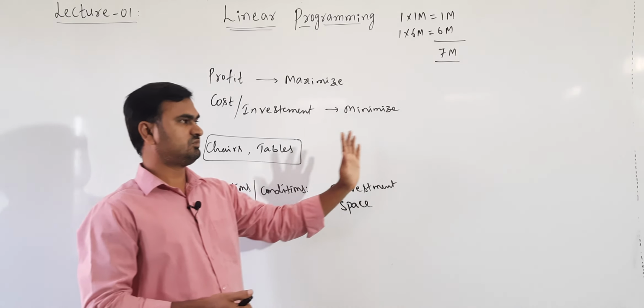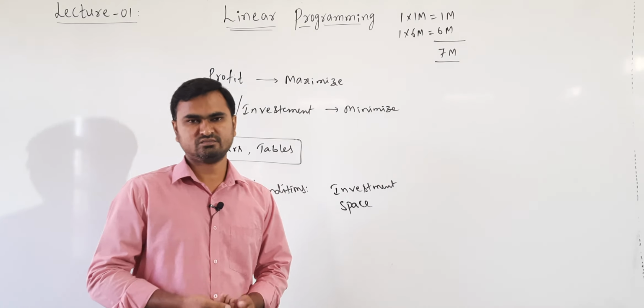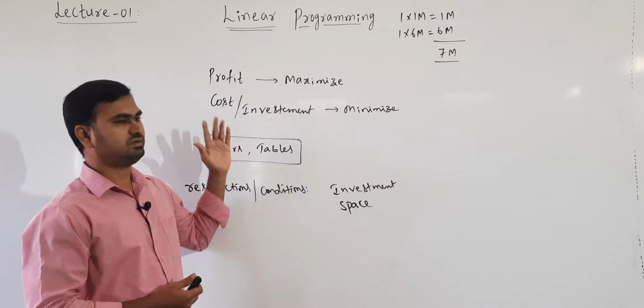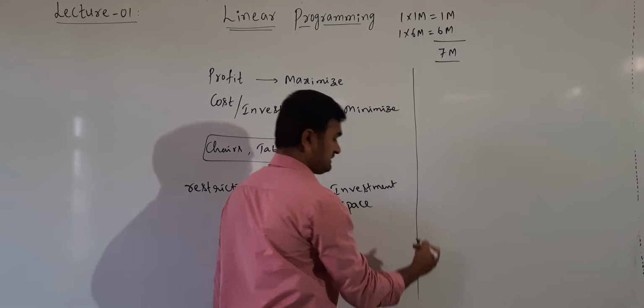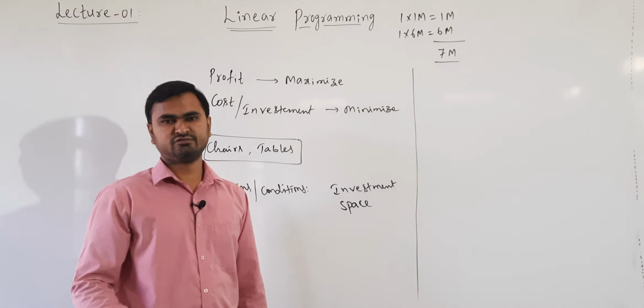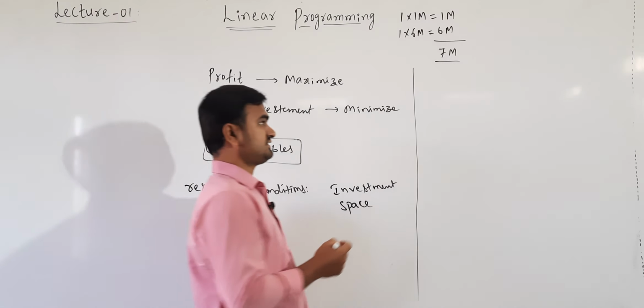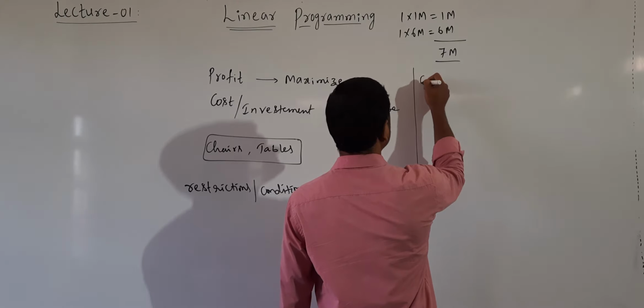Before studying all that, there are certain terms which you have to define first. The definitions of these terms will be asked for 1 mark. The first definition is the objective function.